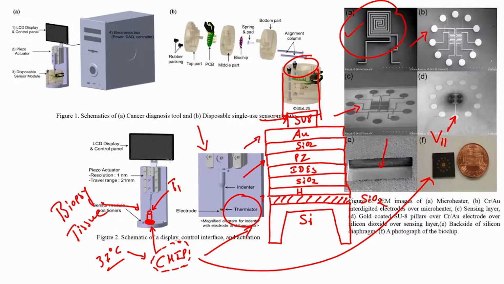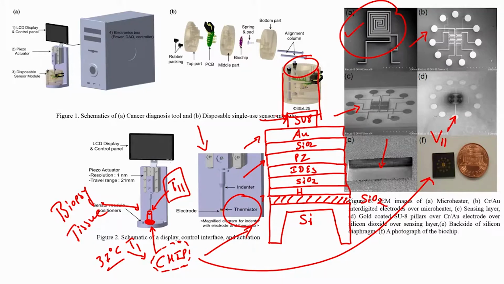So, let us say T11 and the chip is at T1. Because the chip has a heater and the indenter has a thermistor, I can measure the change in the temperature. If I apply 37 degree centigrade, what is the temperature at the tip of the tissue, which is T11, and from that difference I can measure the thermal conductivity of the tissue.